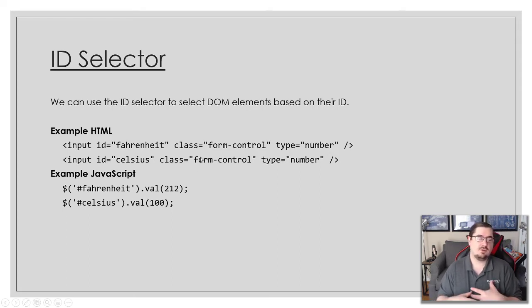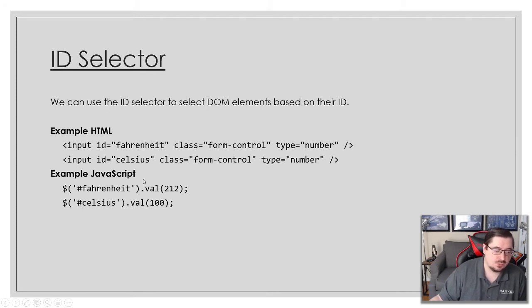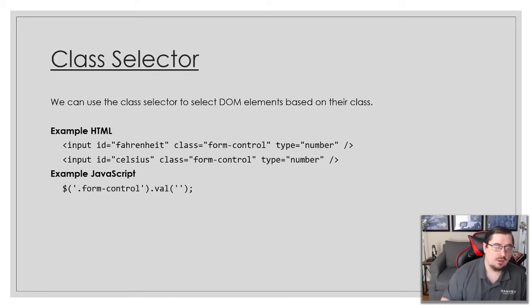Val allows us to either get the current value of that element or that input, or allows us to set it. So in this case, we're passing a value, which means that we're going to set it. So we're going to set the value in this field to 212, and then we're also going to set the value of Celsius to 100. So I can use that ID selector to refer to the element by its ID and do all sorts of things with it in my code.